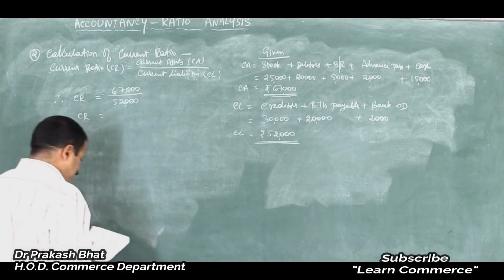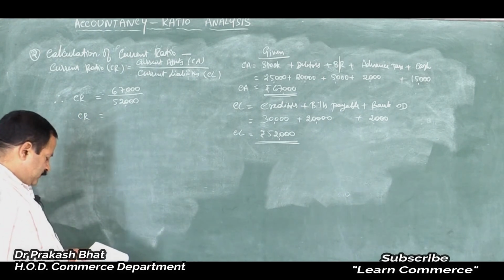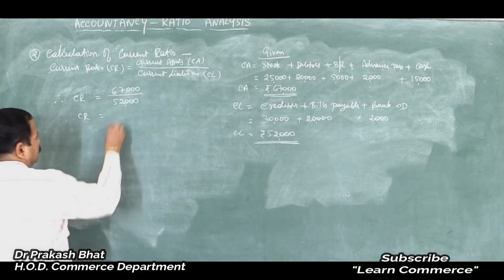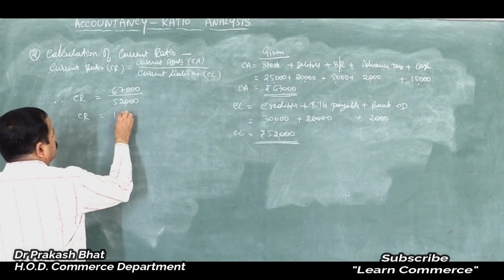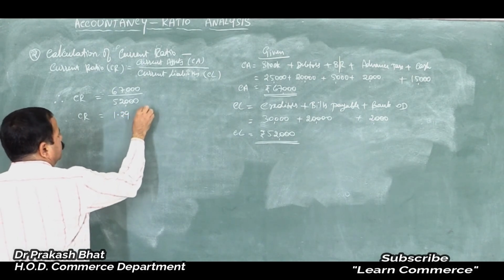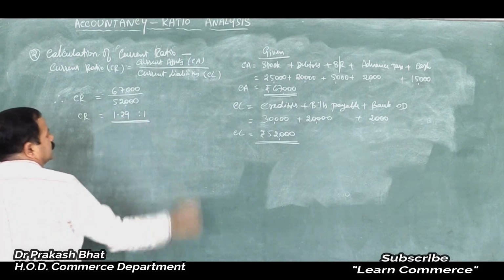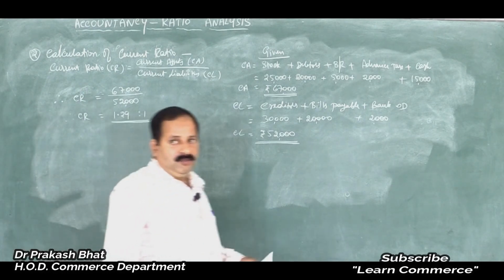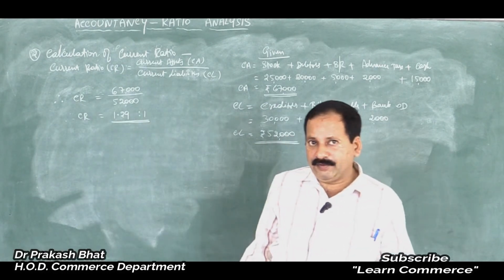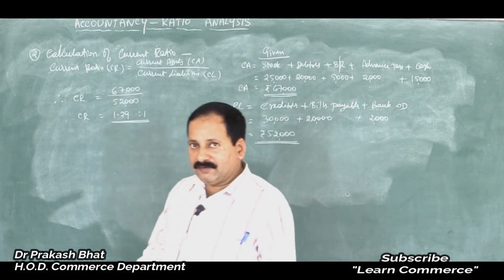CR is equal to how much? 1.29 is to 1. This is the ratio.